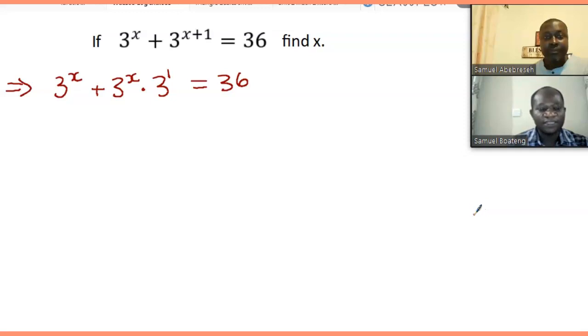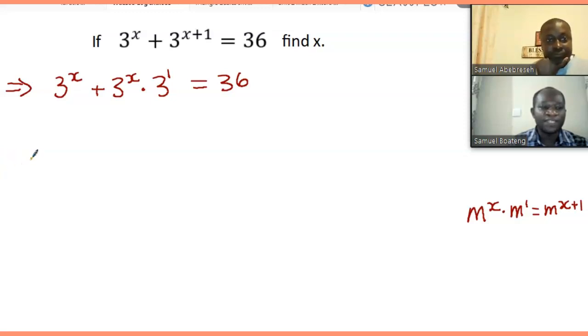Why are we doing that? Because of this plus, you can't really express them as a common base. So we need to factorize 3 raised to the power x out before we can make use of that concept.